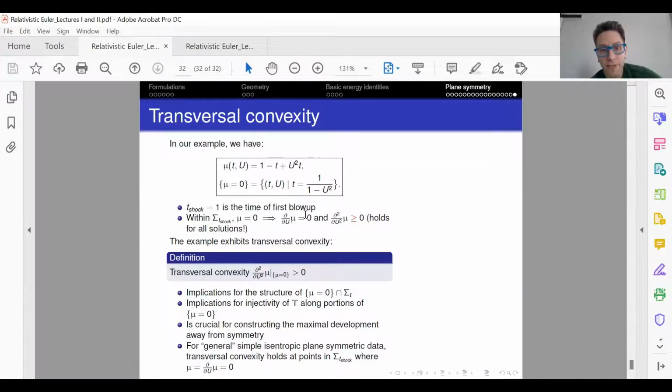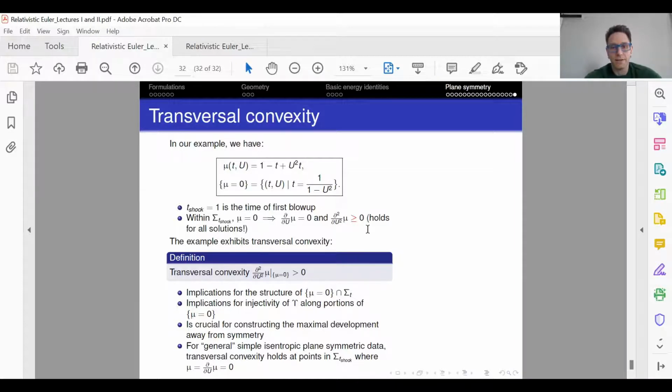So knowing that this holds, you may ask yourself, what is the non-generic thing that happens at the vanishing points? And within the class of smooth functions, certainly the non-generic thing is that this second derivative with respect to u should be positive. Okay, and so that's a condition that we are calling transversal convexity.